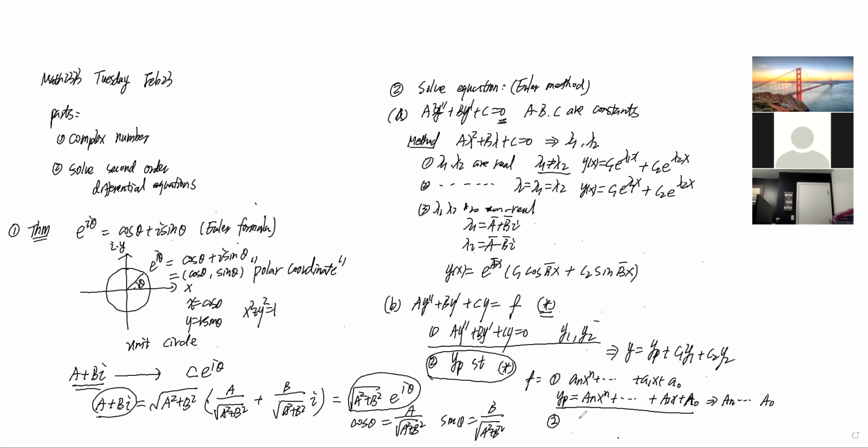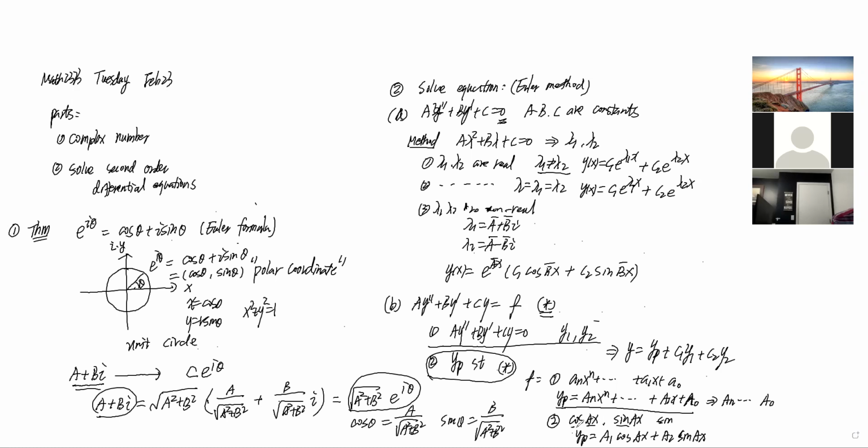The second case is if f is like this, cosine ax or sine ax, or a combination of sine and cosine. For this case, yp should be like A1 cosine ax plus A2 sine ax.